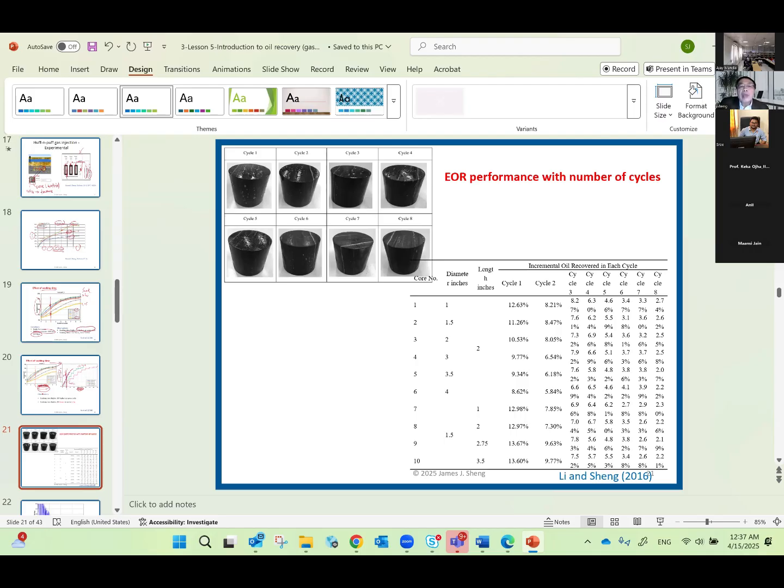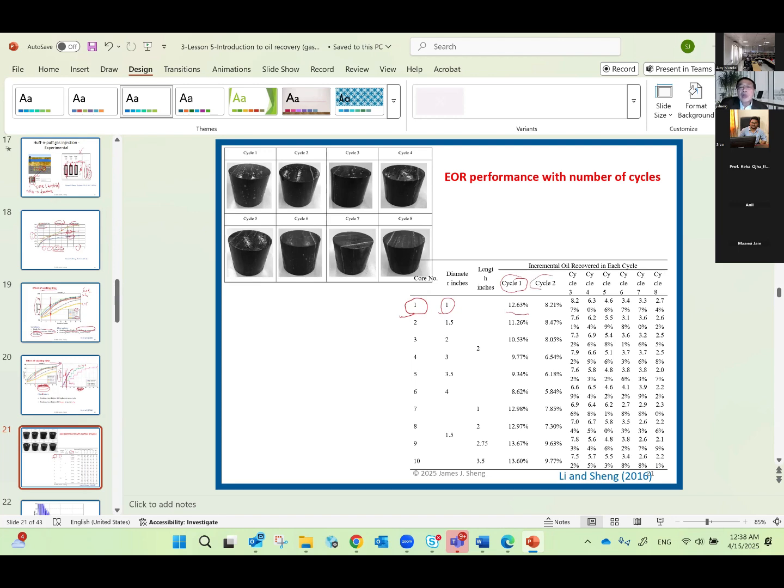We did an experiment using 10 cores, say each a 1 inch diameter core. During the first cycle, oil recovery is 12.63.